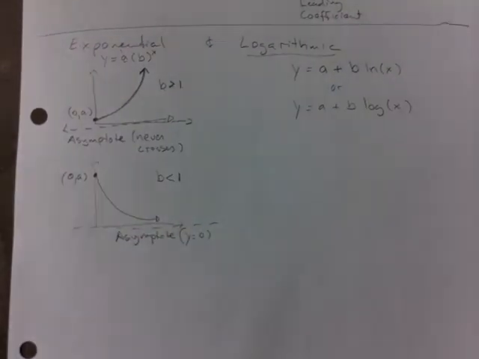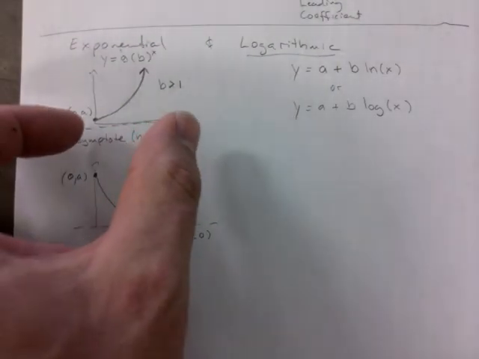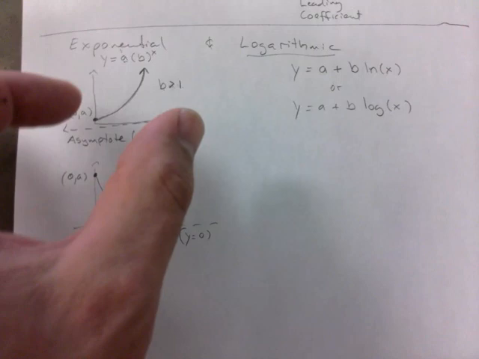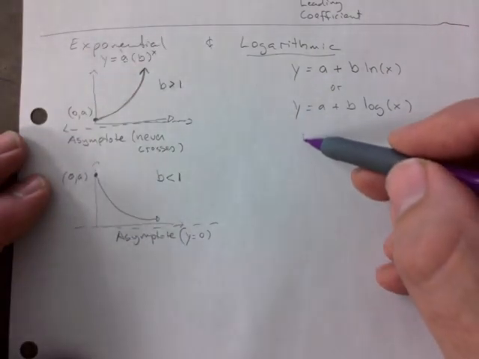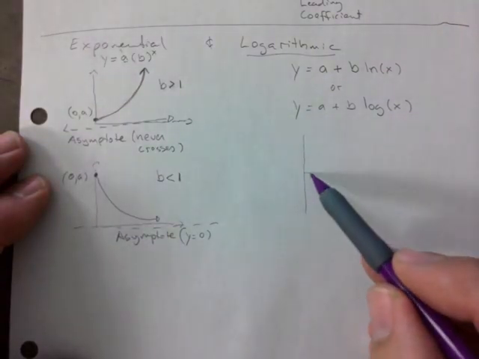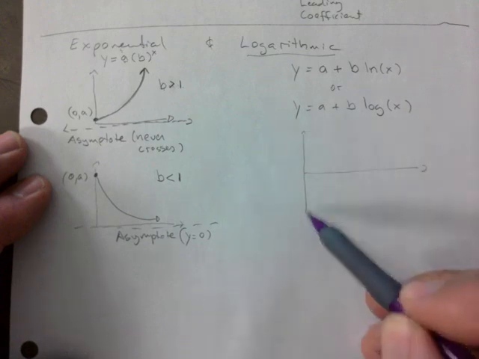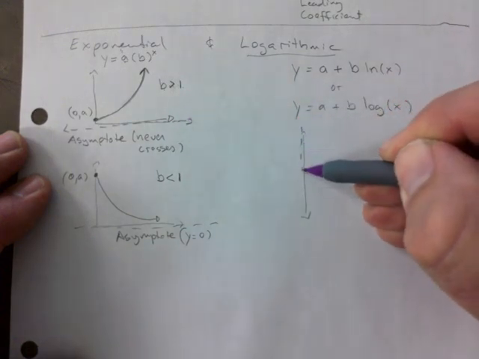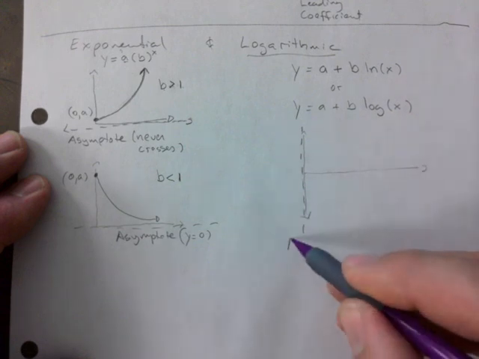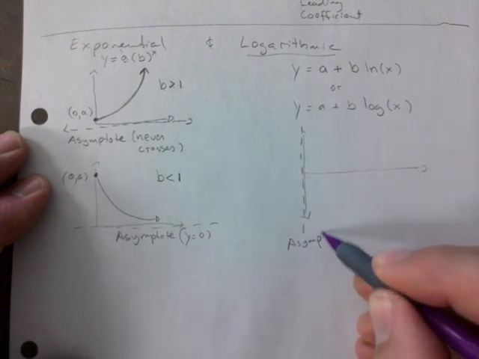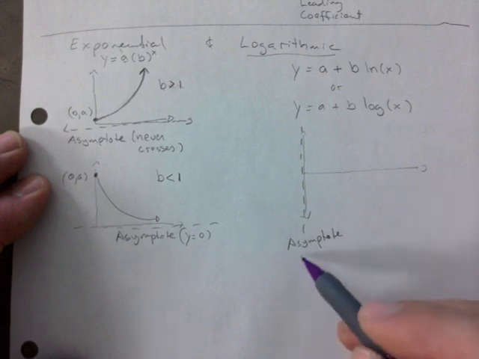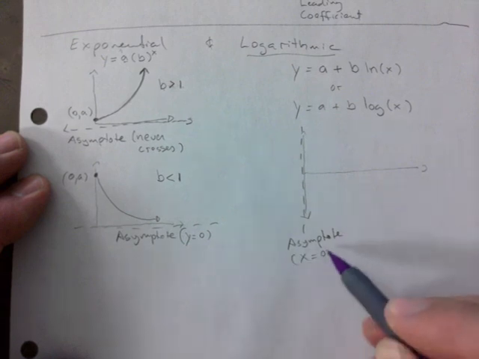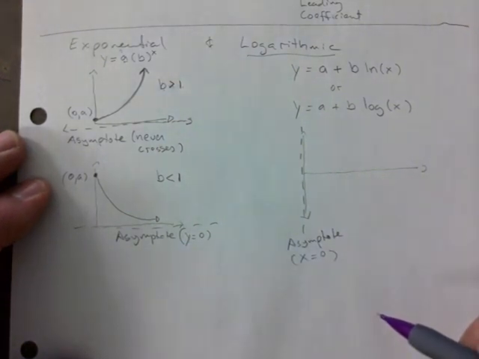And if you could imagine this flipping, that's what this is. So I will actually do it like this. And in this case, this is your asymptote here, and that's x is equal to 0. Never crosses.